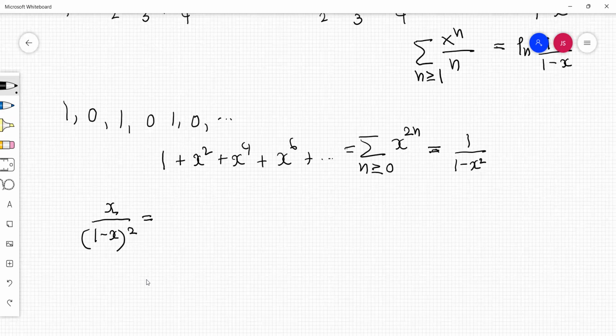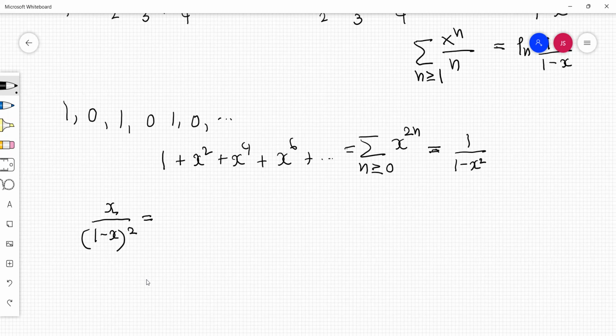Without referring to the Taylor or Maclaurin series, from some fundamental operations you can derive it. How do you do that?